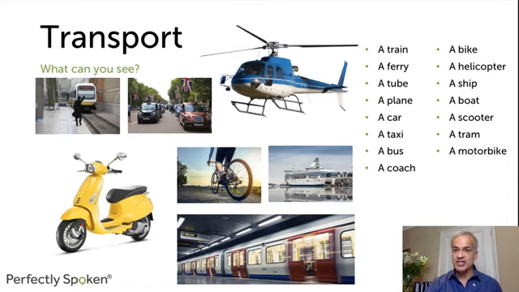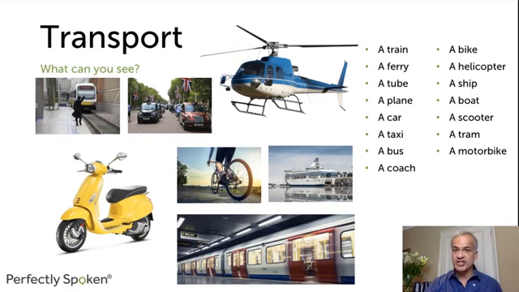We've got a train, a ferry, a tube, a plane, a car, a taxi, a bus, a coach, a bike, a helicopter, a ship, a boat, a scooter, a tram, a motorbike. Repeat.